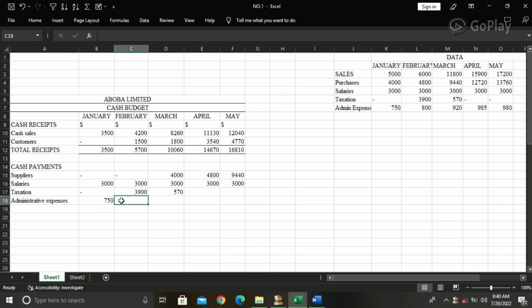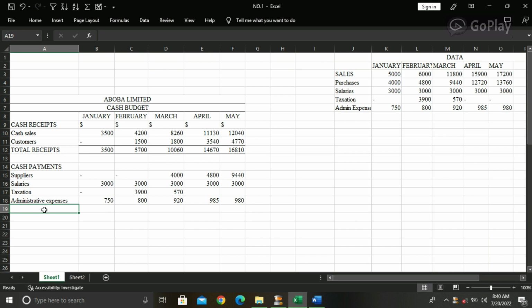That of February is 800, and March is 920. April is 985, and May is 980.